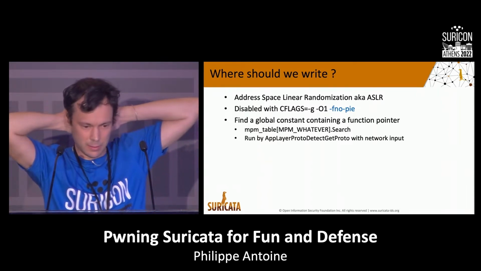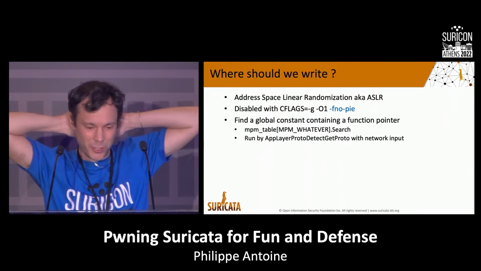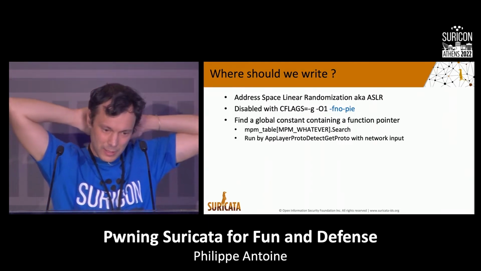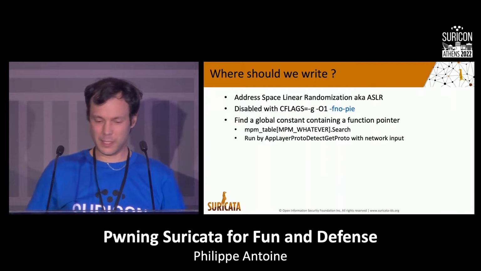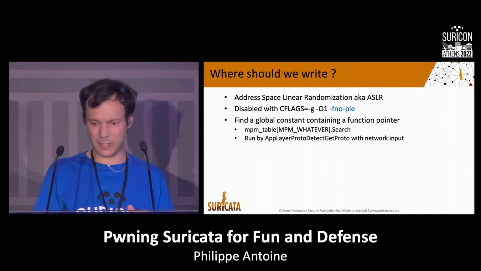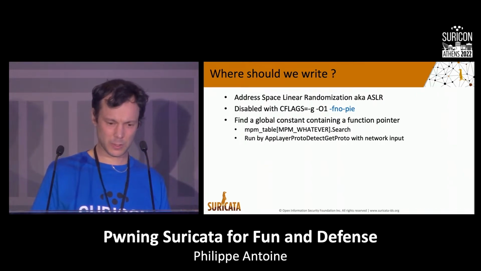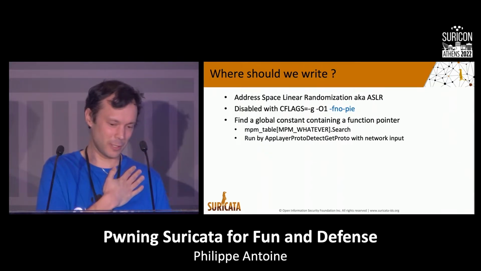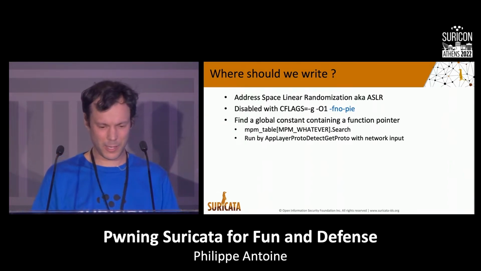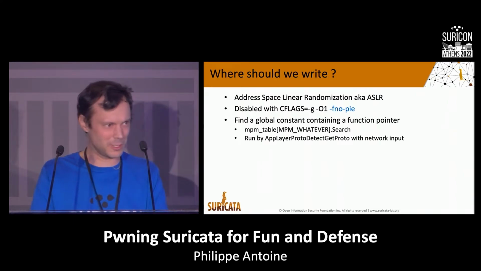And I met the mitigation, which is ASLR, address space layout randomization, which basically at each Suricata run, if you compile with it, Suricata will live at a different place in memory. So I disabled it with my compile flags to have an easier exploit, and you should not disable it.